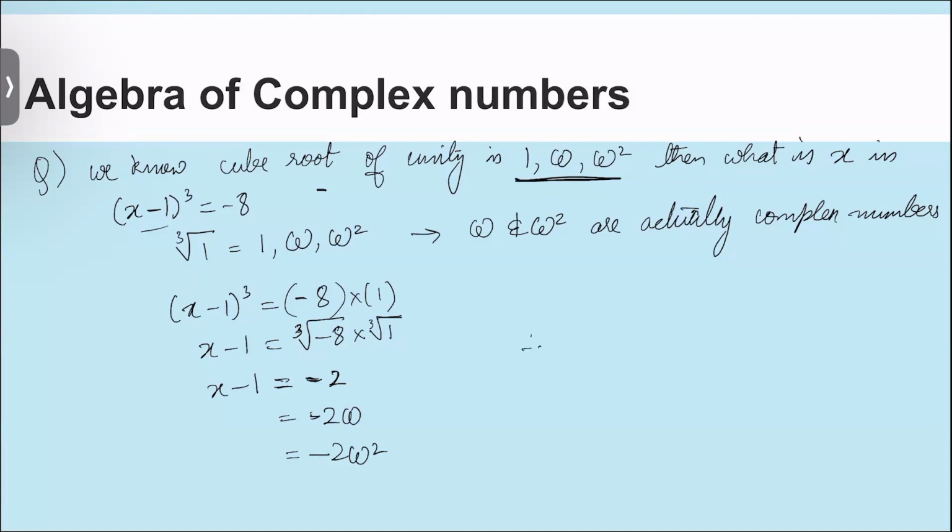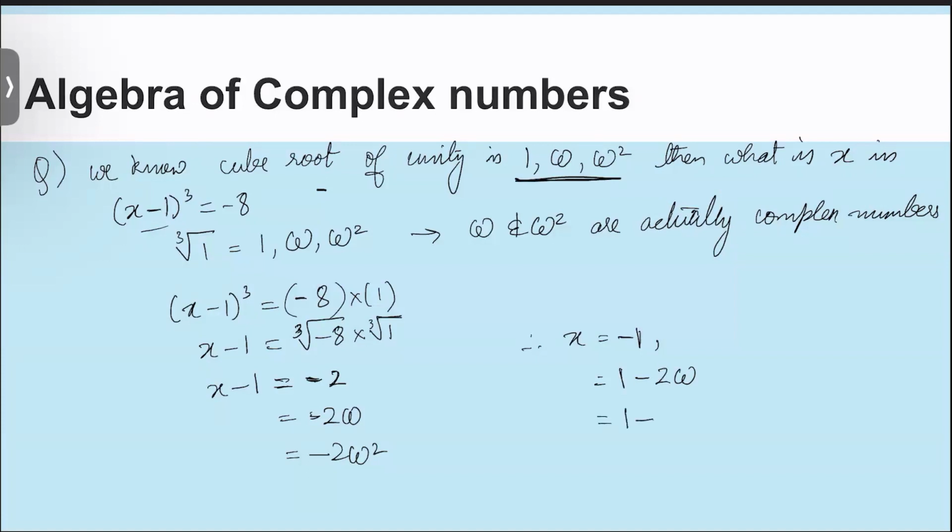Okay, so therefore x is going to be, if you take -1 to this side, x equals 1 minus 2, or 1 minus 2 omega, and over here you have 1 minus 2 omega squared.